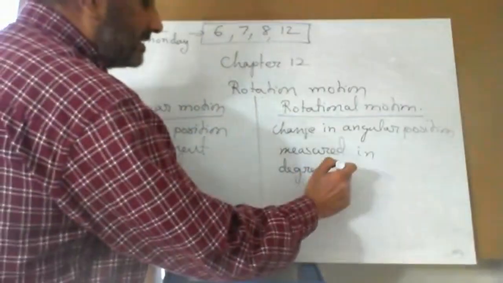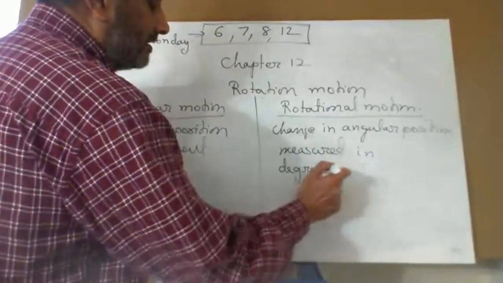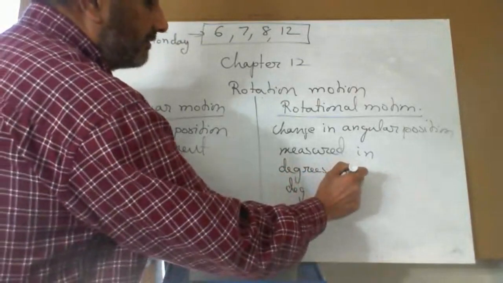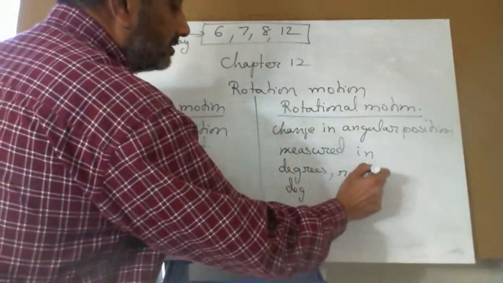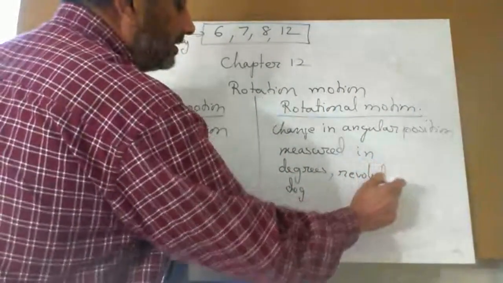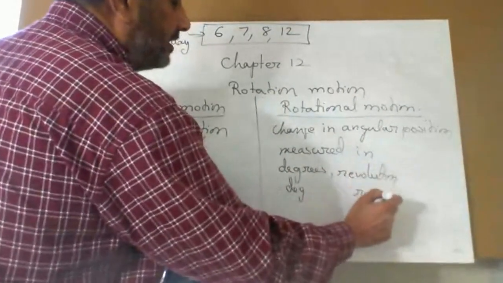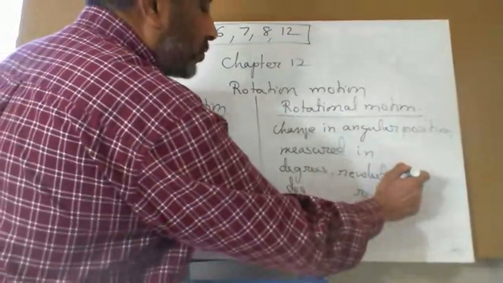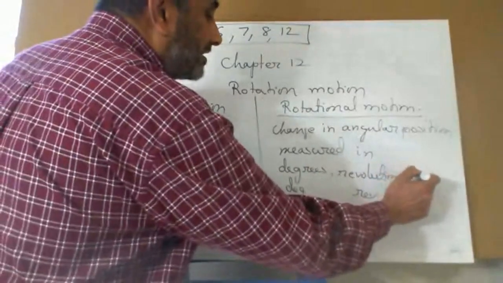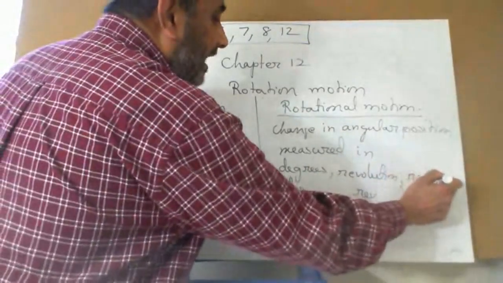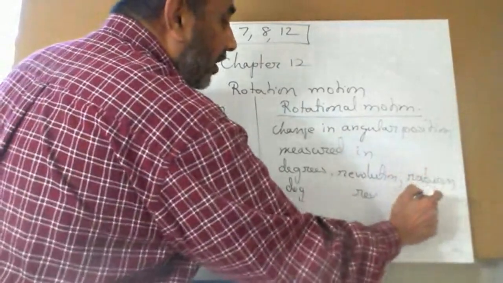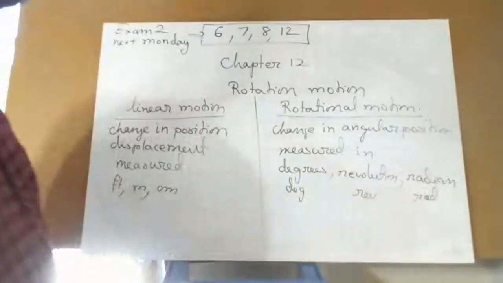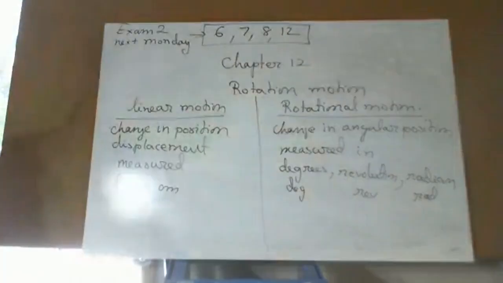What else? So degrees, I'll just put DEG. Revolutions, REV. And there's one more called radian, RAD.